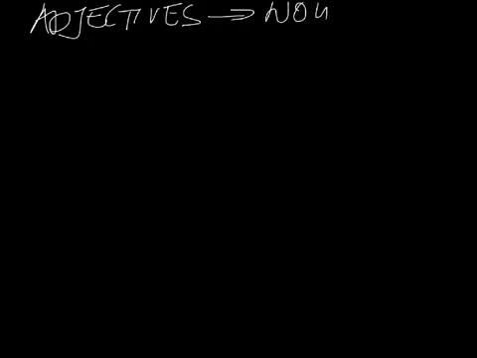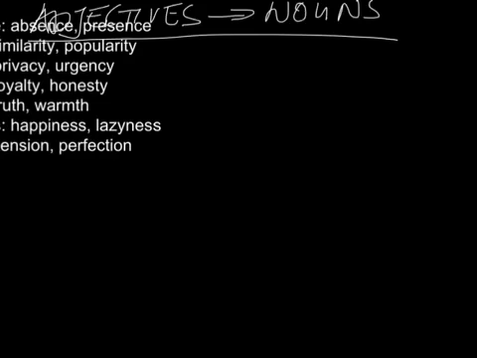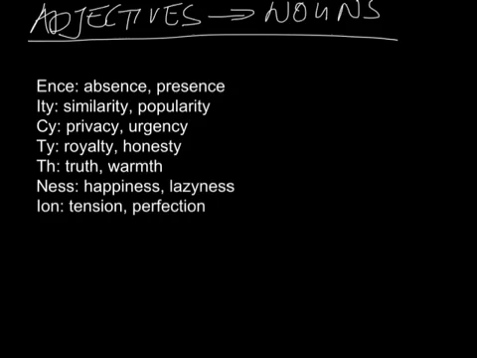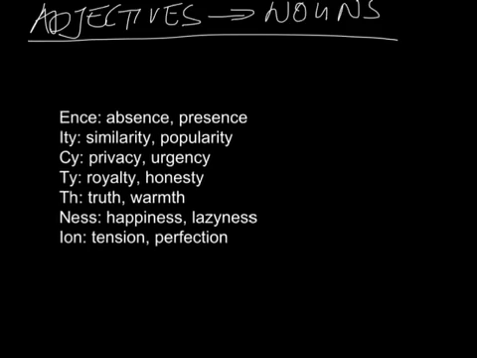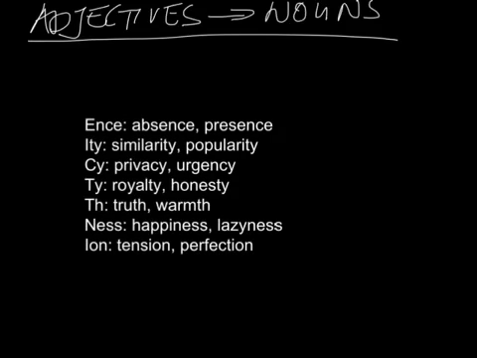Now if we have adjectives and want to form nouns, we have a look at the following list and we get new words. From the adjective absent, we get absence, or presence. From similar, we get similarity and popularity.